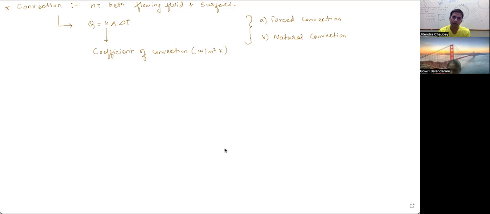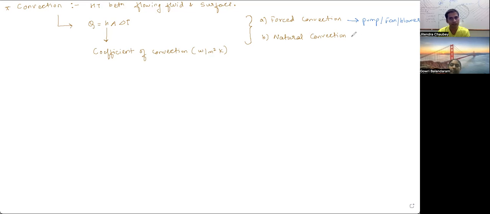I think in previous lectures we had a discussion over what forced and natural mean. Forced means using some pump, fan, or blower in order to move the fluid. That is where the convection is forced.